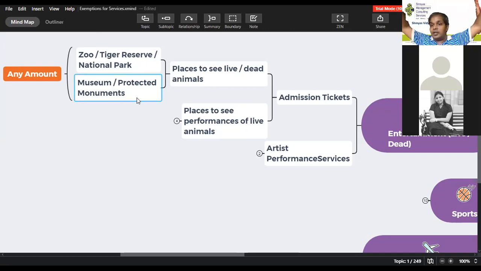For example, in Tanjavur you have the famous Brihadeshwara temple. So many historical monuments are there. If they charge a ticket at the Taj Mahal, you have to pay about 500 rupees if you are a foreigner, and Indians pay 45 or 50 rupees. That is exempt from GST because they are protected monuments.